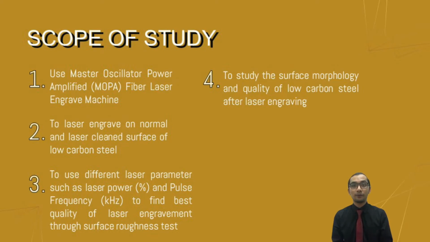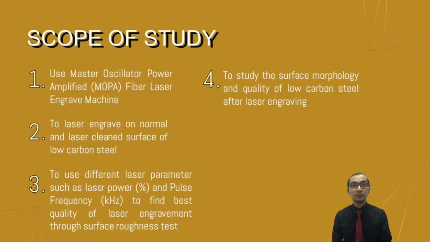Next is the scope of study. The first scope is to use the master oscillator power amplifier (MOPA) fiber laser engraving machine to laser engrave on normal and laser cleaned surface of the low carbon steel. Next is to use different laser parameters such as laser power and pulse frequency to find the best quality of laser engraving with regard to surface roughness.